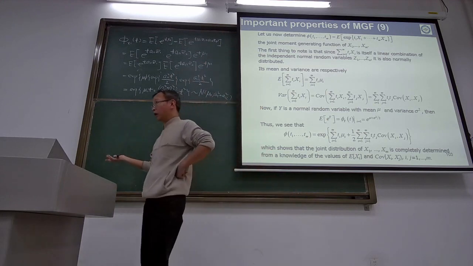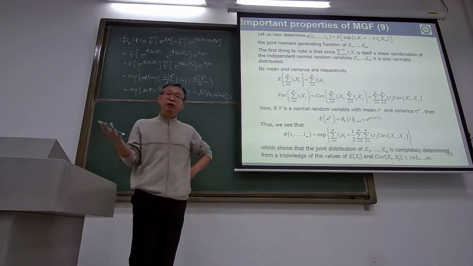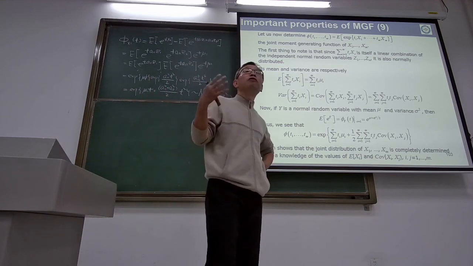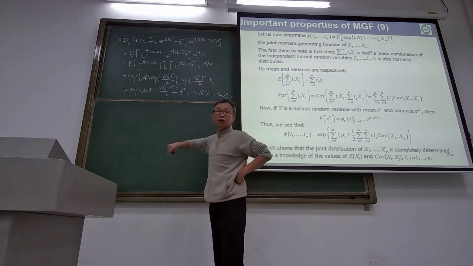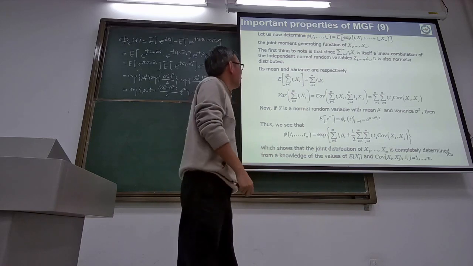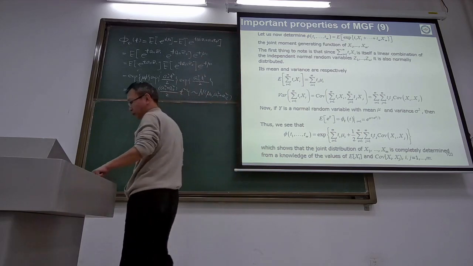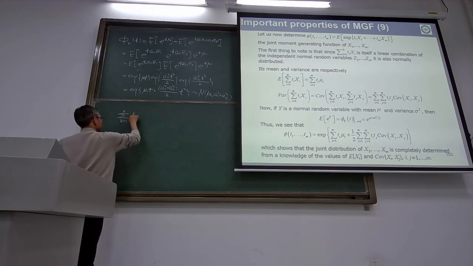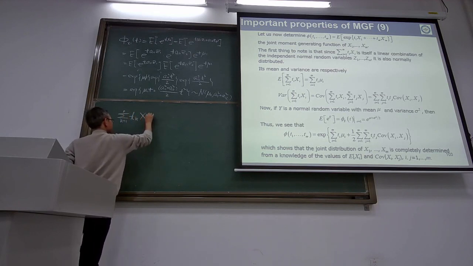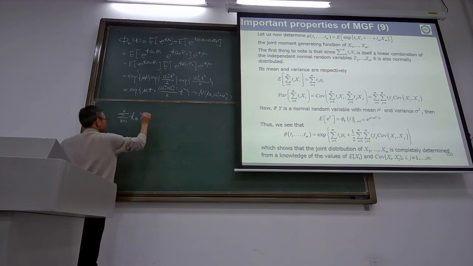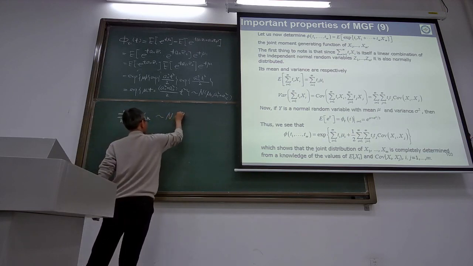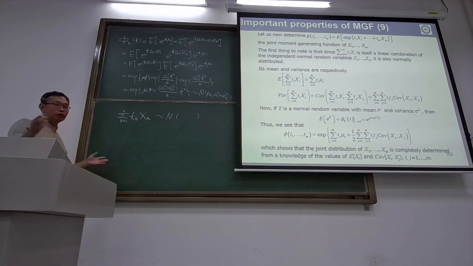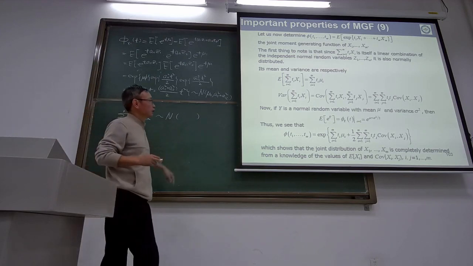Previously, I showed you that a linear combination of normal random variables also follows a normal distribution. This one also follows a normal distribution, but up to now we do not know these two parameters. Let's find them.